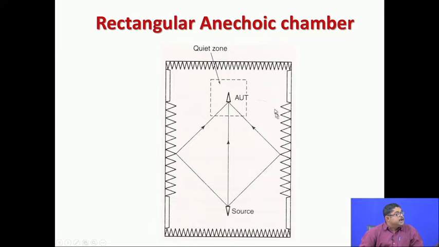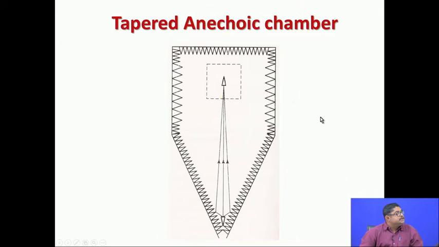Nowadays, these anechoic chambers have proliferated, and various small establishments also have them. There is also a tapered anechoic chamber, where side reflections do not come because of the tapering, which also makes the space more efficiently utilized.